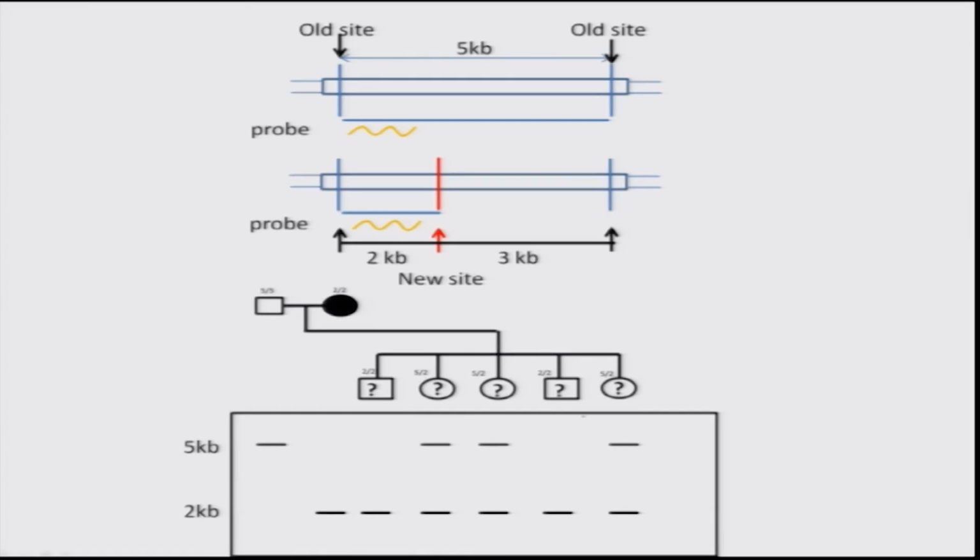But the males in the generation have only a 2 kb band, which hints that these 2 individuals might manifest the disease. So this is how restriction fragment length polymorphism helps us in diagnosing problems.